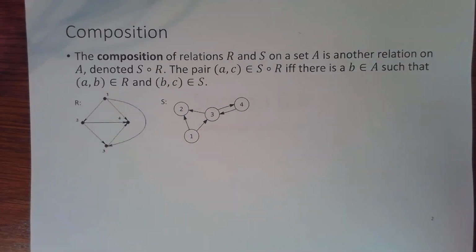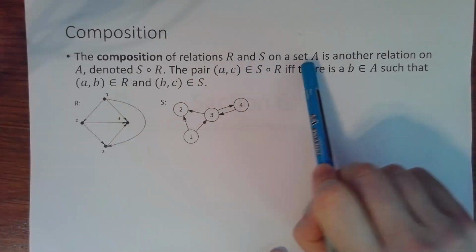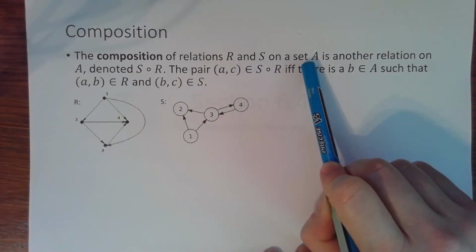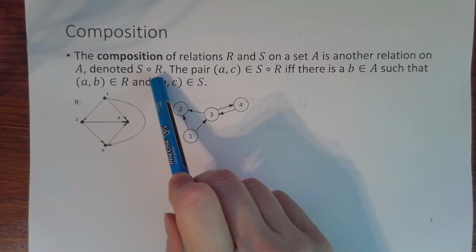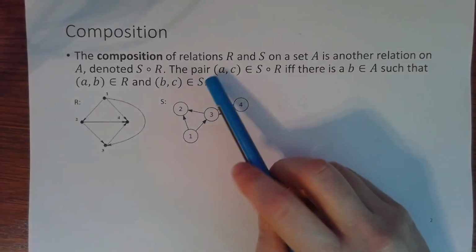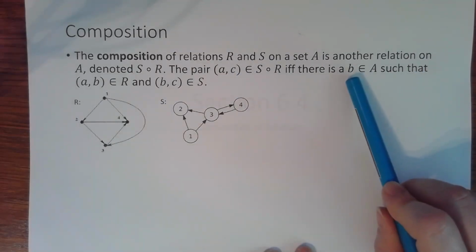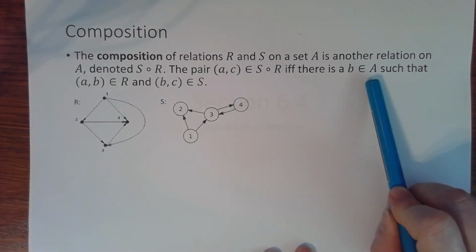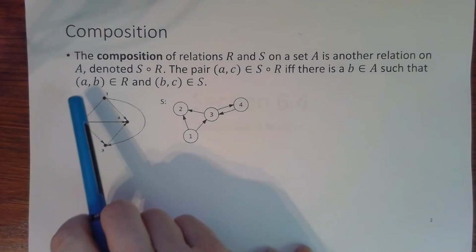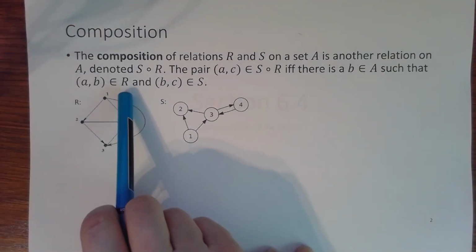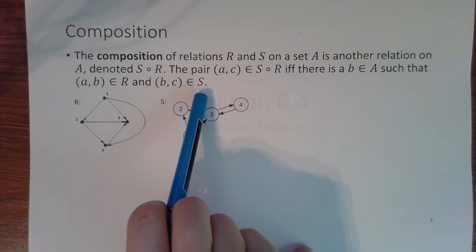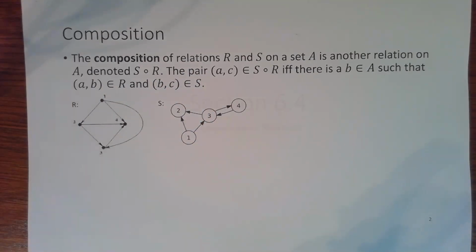So the composition of two relations is defined basically similarly to how the composition of two functions is defined. Let's say we have two relations R and S on a set, and we want to find the composition S of R. Then it will be all the pairs AC if and only if there is an element B in the domain such that the edge AB is in the relation R and BC is in the relation S. I think of B as being like the middleman.